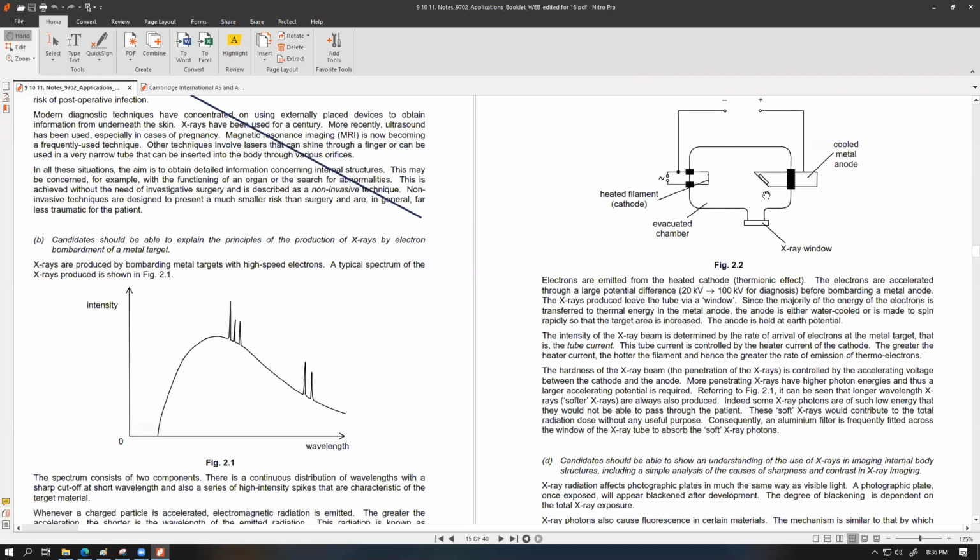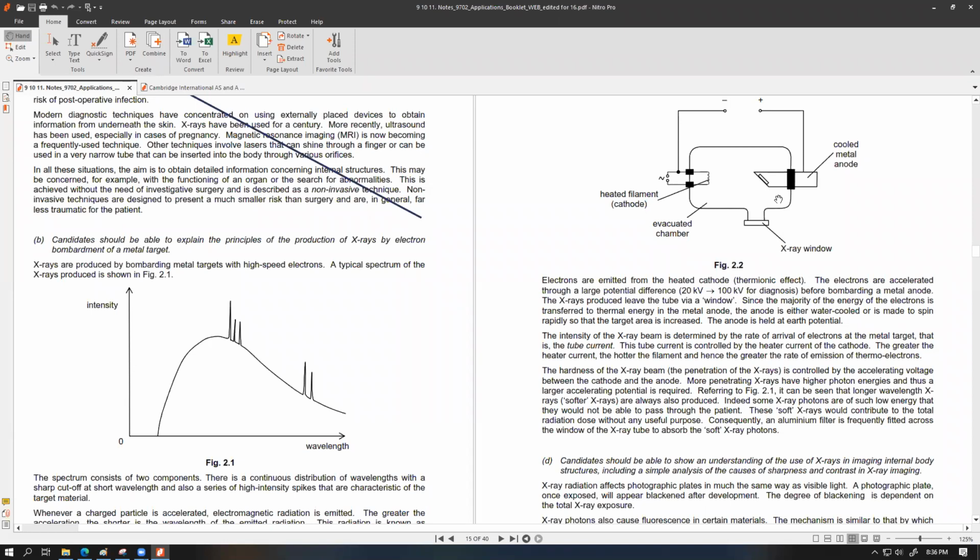This is represented as the cutoff of the wavelength axis. We cannot have X-ray photons more energetic than this value, or of smaller wavelength than this value, from that setup of the X-ray tube.